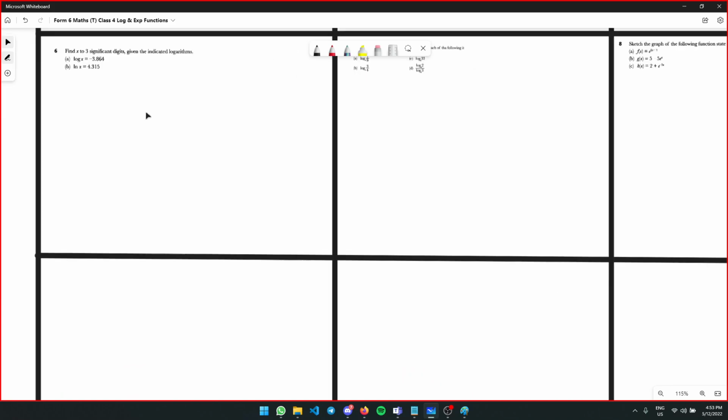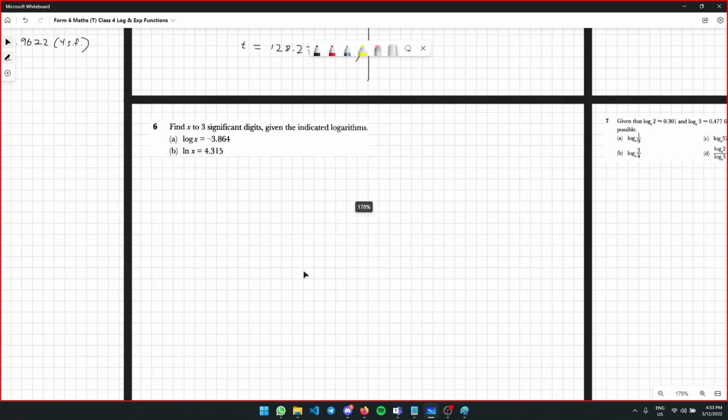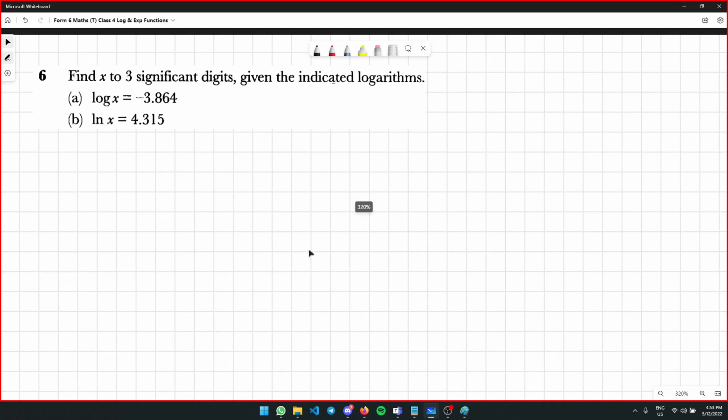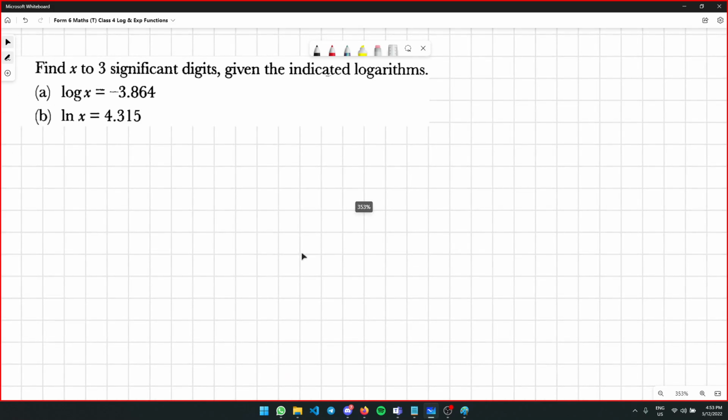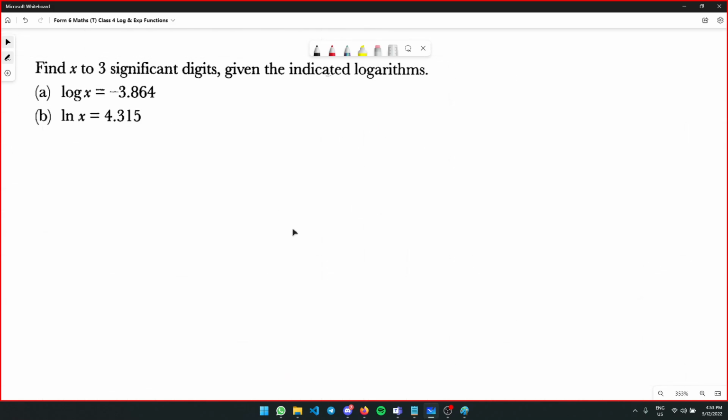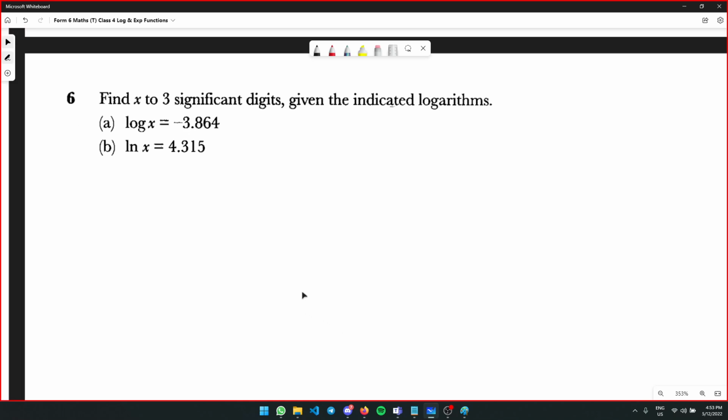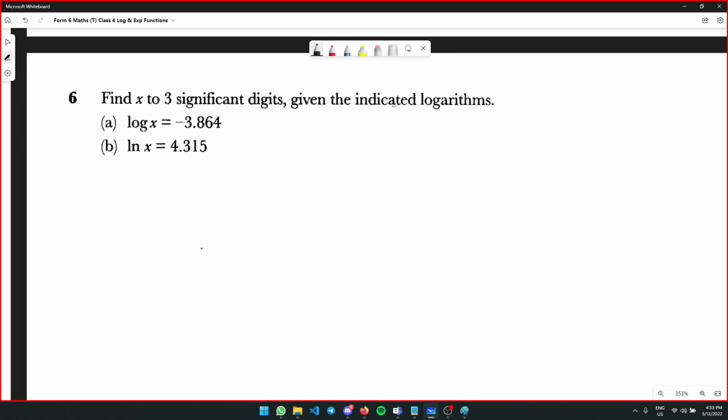Okay, let's see this one also. This one looks like a hard question also, but actually it's also an easy question. Let's go through it quickly. Find x to 3 significant figures.